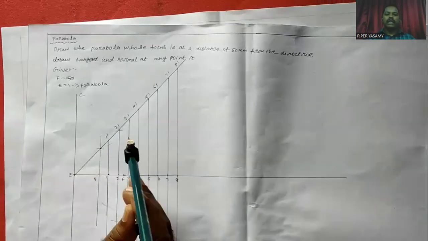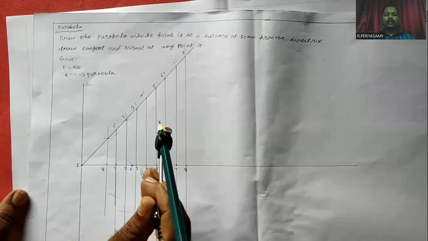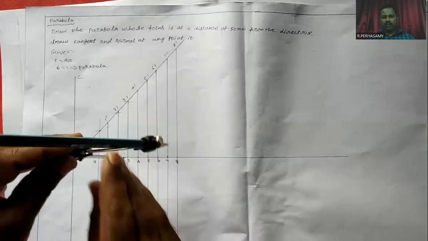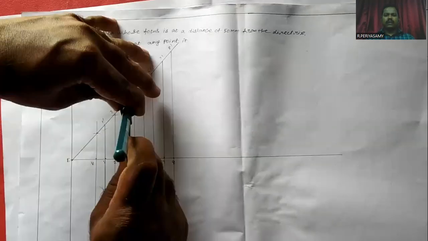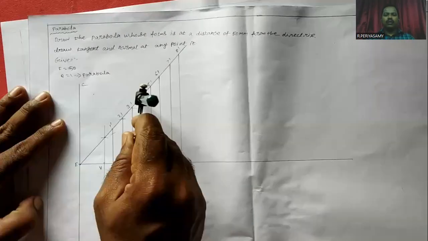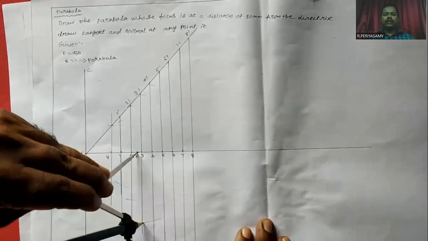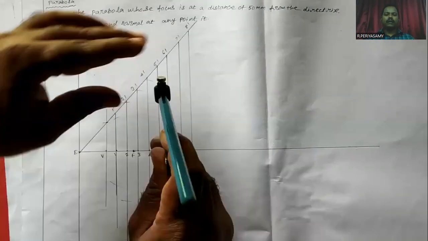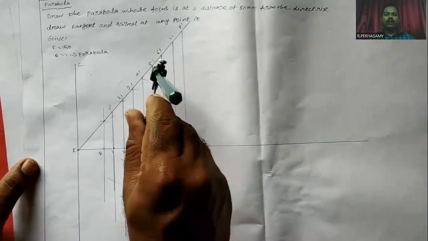Next, we measure the 3 dash distance and do the same. Then we measure the 4 dash distance and make arcs above and below the 4 dash line. Next, we measure the 5 dash distance, fix the compass at the focus, and make arcs above and below the 5 dash line.